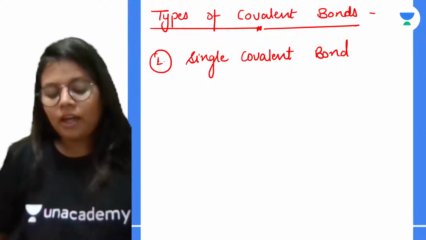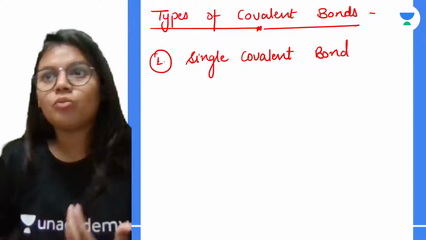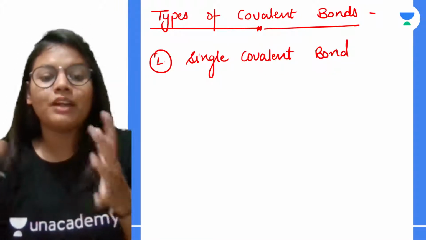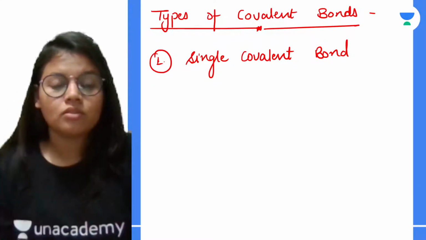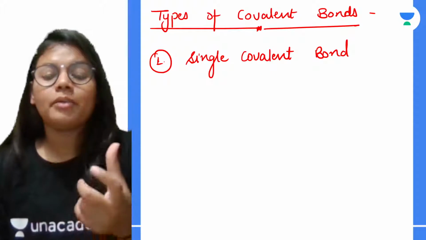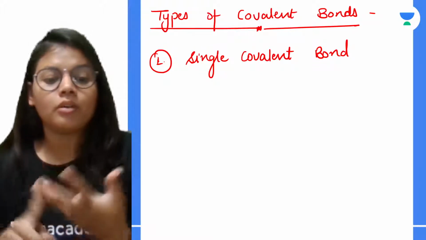Okay, अभी क्या possible है जो electron share हो रहे हैं, okay, it can be either one electron is being shared, that is one pair, or maybe two pair, or maybe three pair. Okay, तो उसके ऊपर डिपेंडेंट होता है कि हमारा जो कोवेलेंट बॉन्ड it is single, double और triple और whatever.